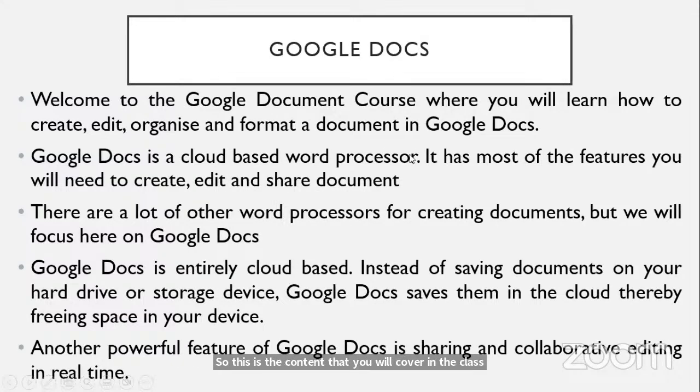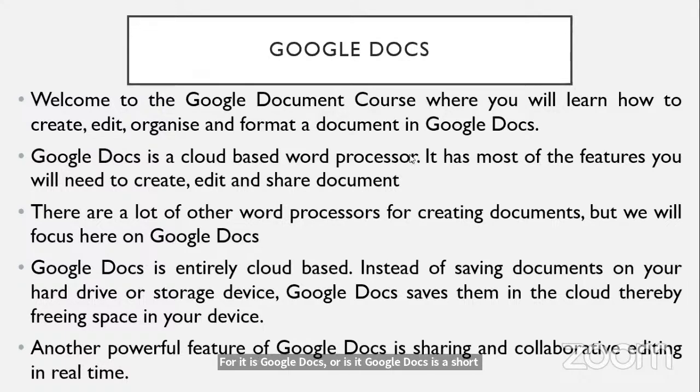Next is what we call Google Docs. If you are somebody who uses Microsoft offline, Google Docs is what we call Microsoft Word. Like Microsoft Word, the Google product for it is Google Docs, short for Google Document.